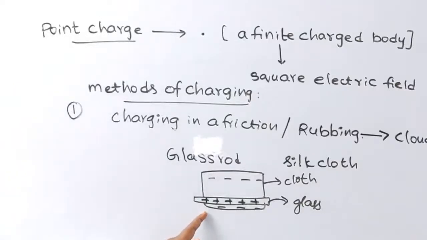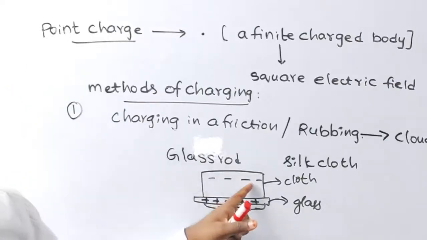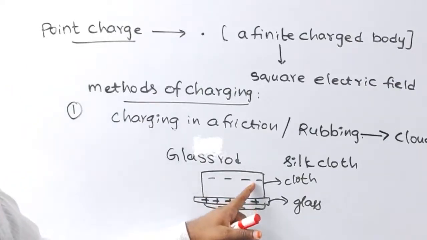All material bodies contain a large number of electrons and an equal number of protons in their normal state. When rubbed against each other, some electrons from one body pass to the other body.